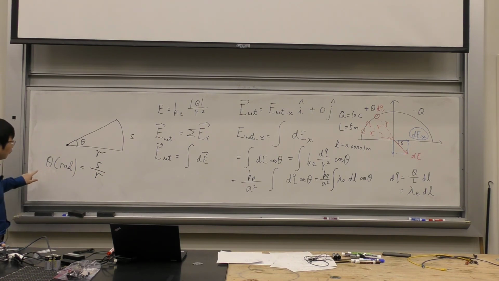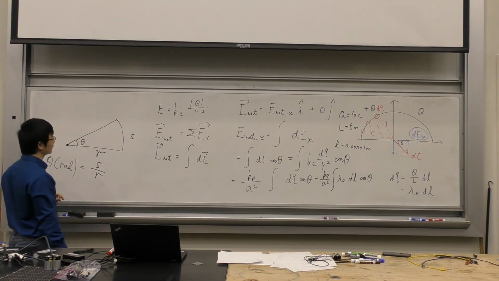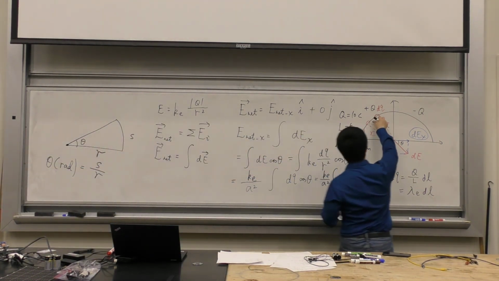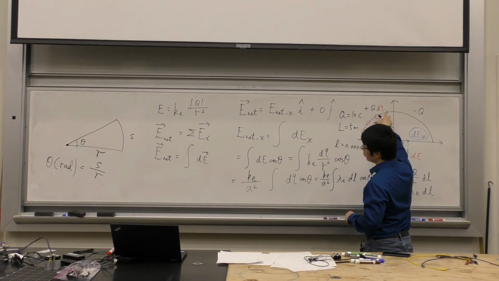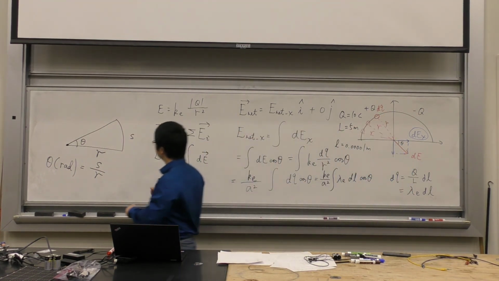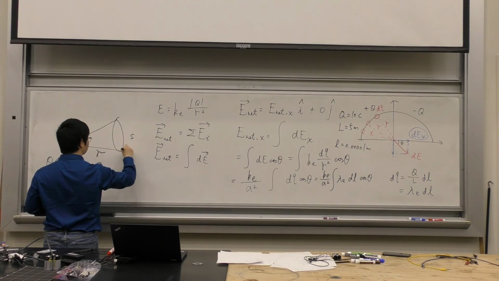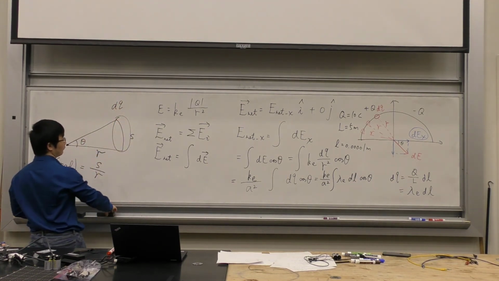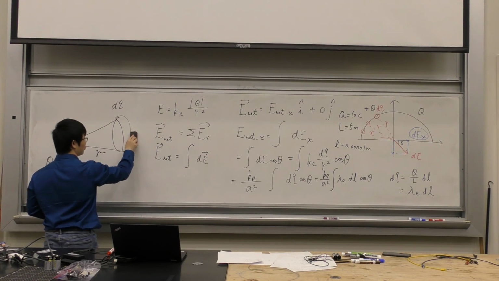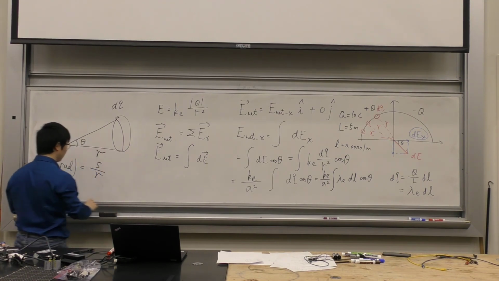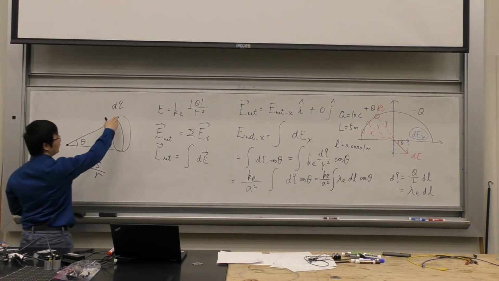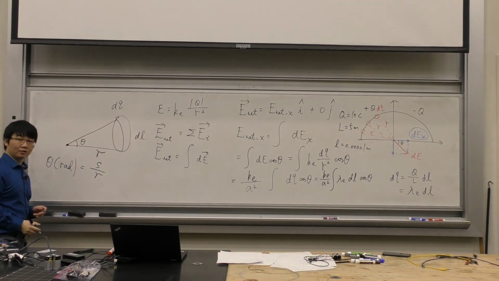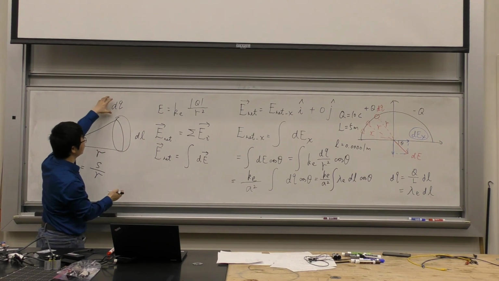Now what we're going to do is this. Imagine this small dq we pick, and we zoom in. Then the length of this piece is just going to be dl. The arc length is dl, the length of this dq I pick.